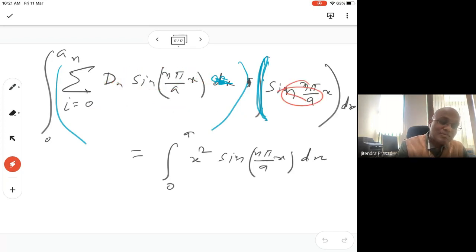You multiply by this one, and you will find that the integration gives a non-zero value only when this and n match. Otherwise all other values will be zero. So in this case you will get Dn.